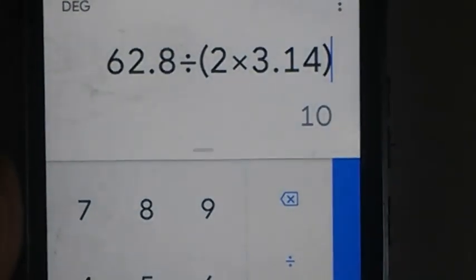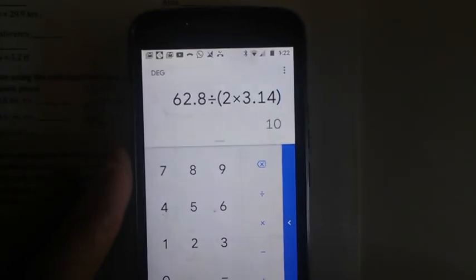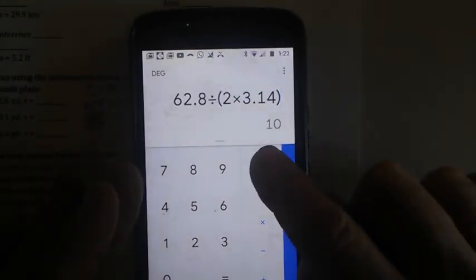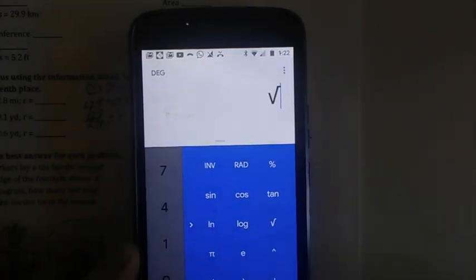So how would I do that on my calculator? Okay, first of all, I have to clear. What I want to do is actually put my square root sign first.